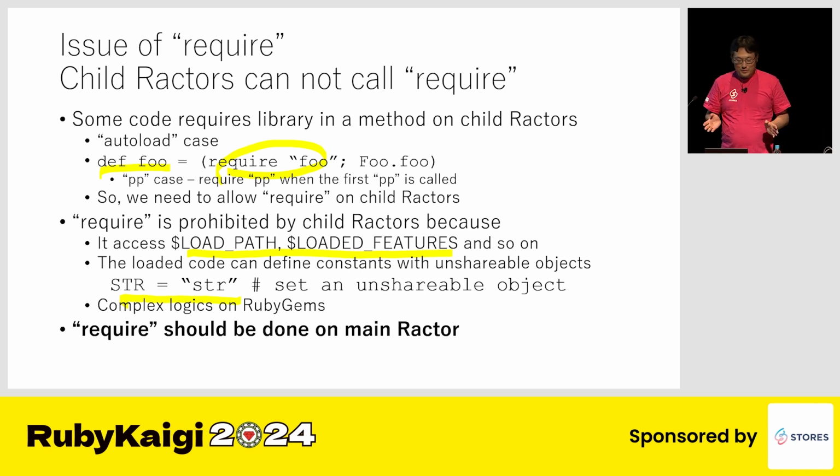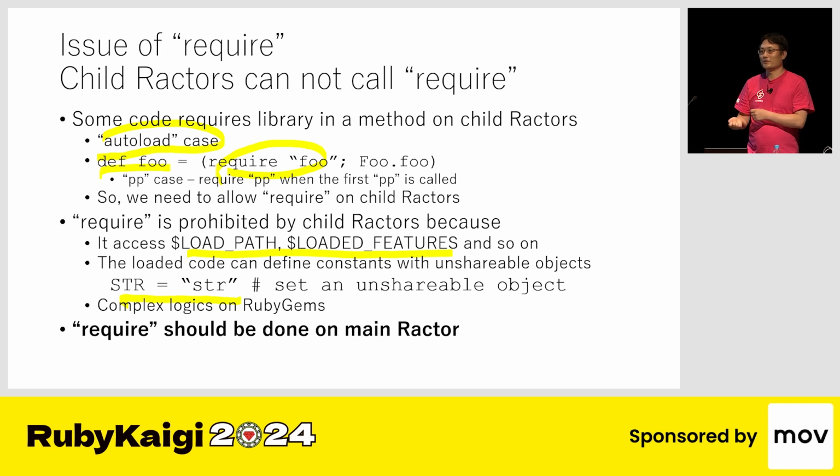And of course, autoload is also an issue. At the first access to a constant, autoload requires some feature for that constant. So if we want to support autoload, we need to allow require from child Ractors.